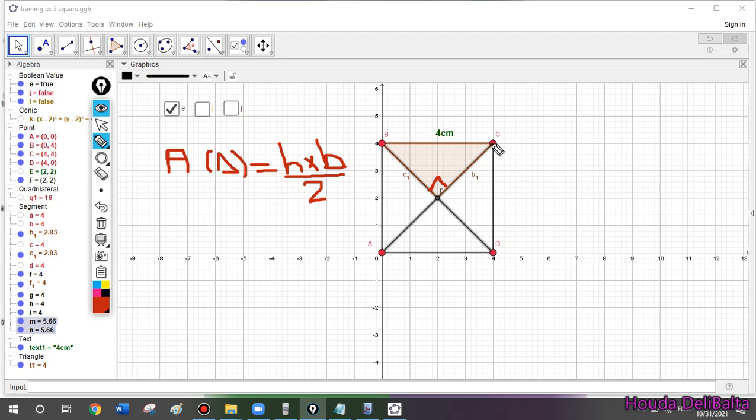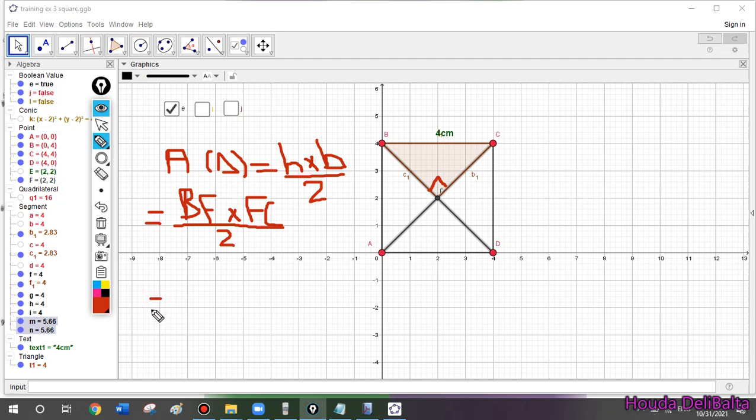So I just replace height by BF, base by FC, and we still have over 2.